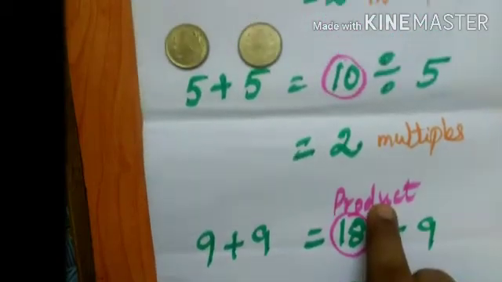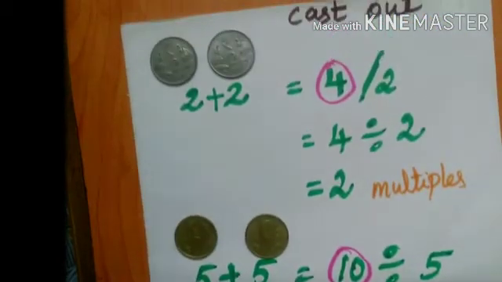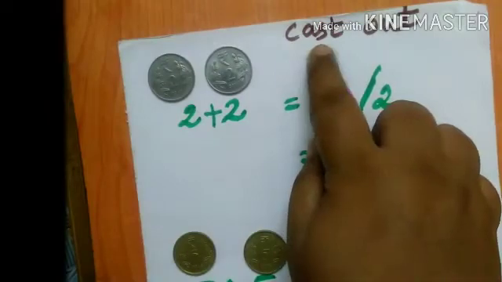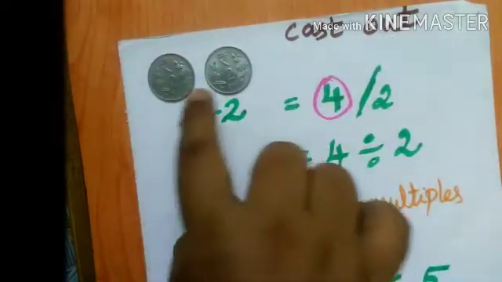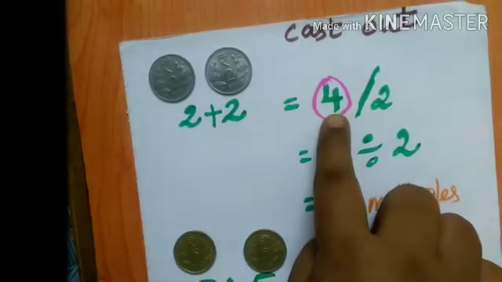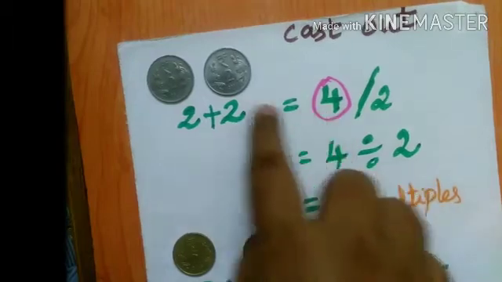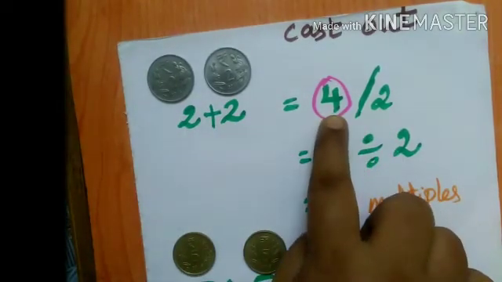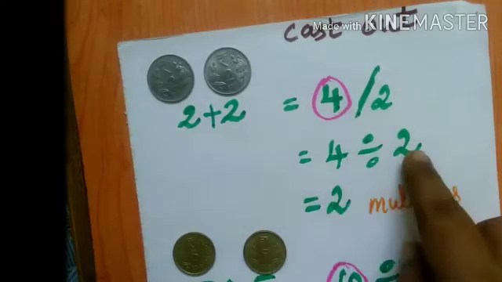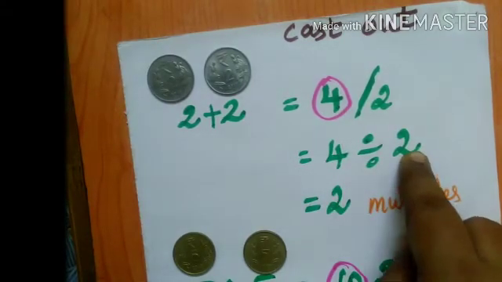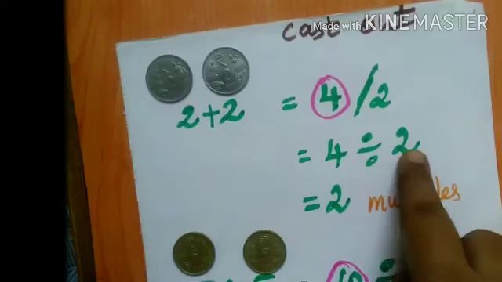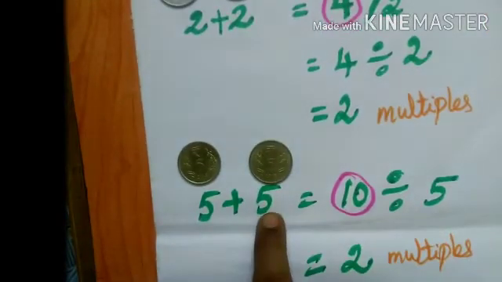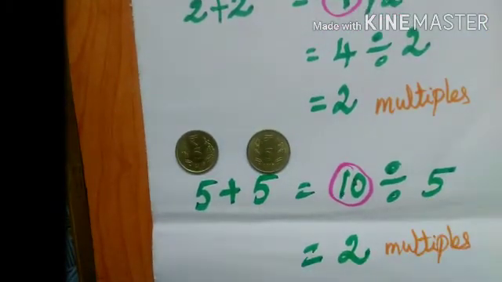Okay, so this is called casting out. 2 plus 2 equals 4. This is the sum of the digits, and you get 4. Divided by the 2 table, the number is 2. Here the number is 5, divided by 5. Here the number is 9.